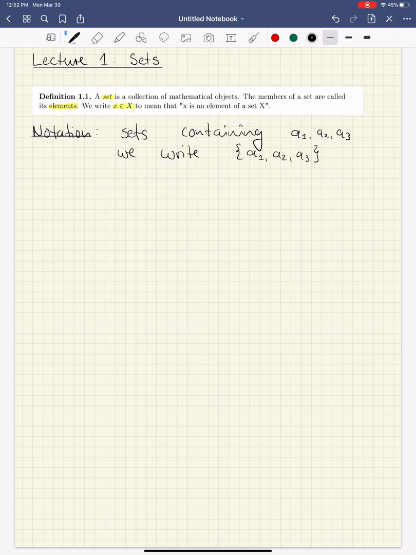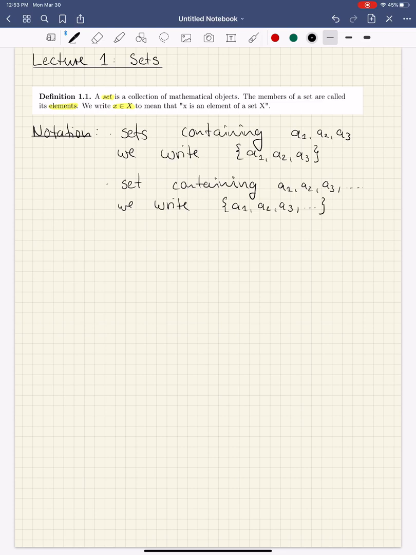And in the same way, we can also look at a set which contains infinitely many elements. Let's say the set containing a1, a2, a3, and going on for each natural number, we write curly brackets open a1, a2, a3, dot dot dot.